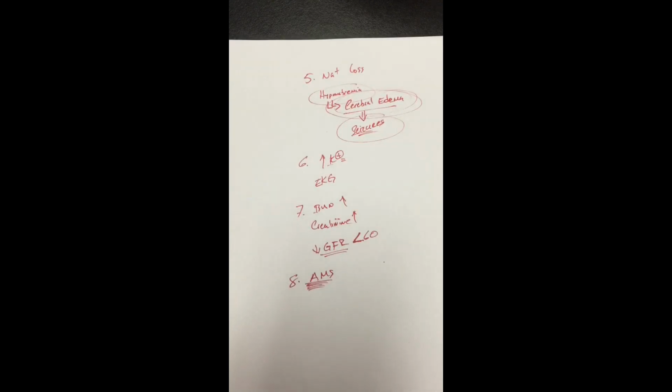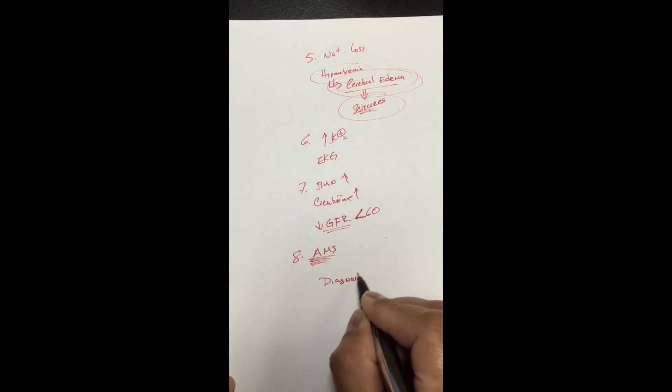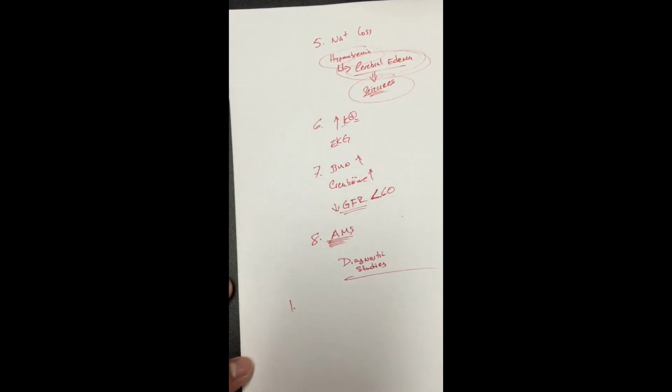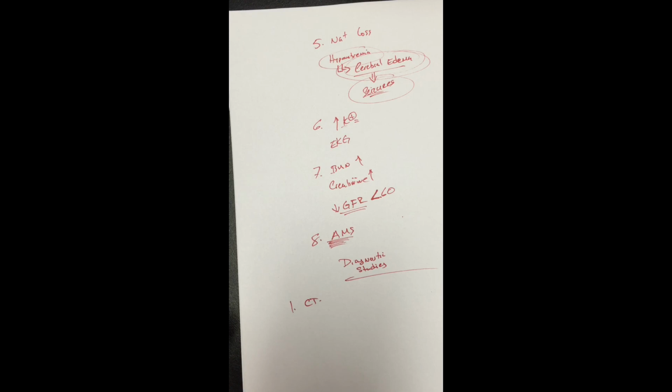Now, what are some diagnostic studies? And I've already mentioned a couple of these, so we will just briefly talk about our diagnostic studies. Number 1, if a renal stone is suspected, or maybe BPH is suspected, a CT may be done. Again, that would typically be done to rule out kidney stones, maybe some type of prostate problem.